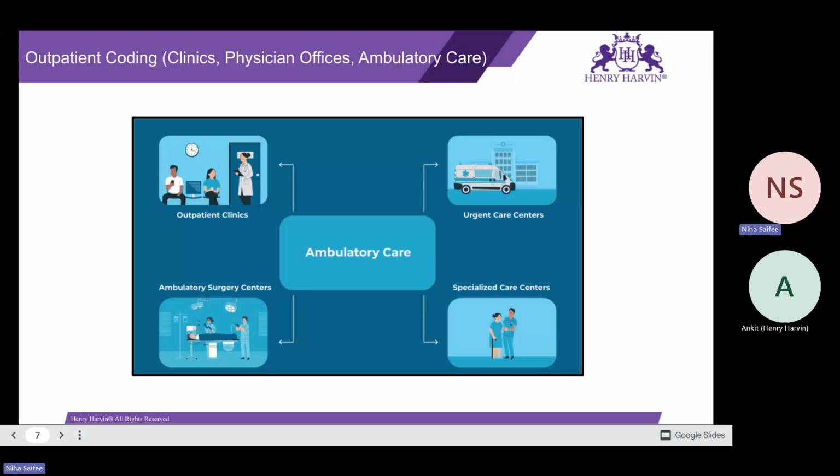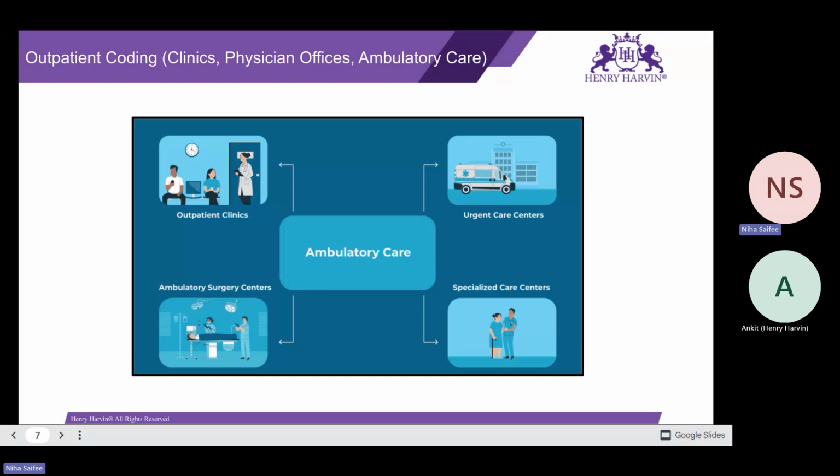Now, what all comes under ambulatory care? Urgent care centers, where you're transporting a patient from one place to another or one hospital to another. Specialized care centers: the patient cannot always be kept for a long time in a hospital.